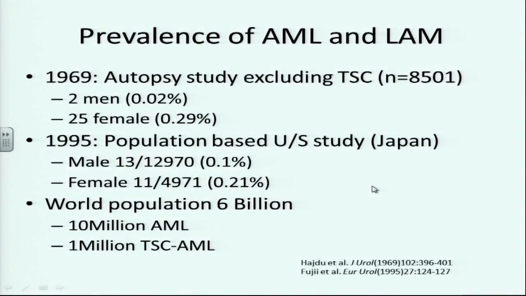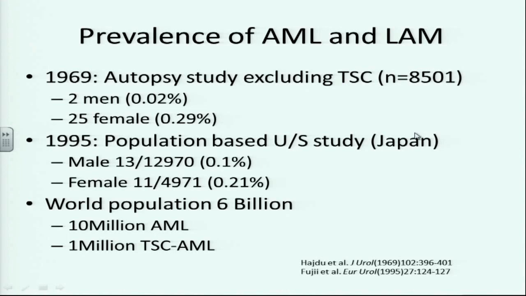How common are they? Well, you've got some really old series here. So you've got 1969. This is an autopsy series which calculated in men accounting for about 0.02%, and in women almost 10 times higher at 0.29%. Another way to look at it is to do a population-based study, and this is one from Japan that I've put up here from 1995, and they based the AML rate in men at 0.1%, and in women 0.2%.